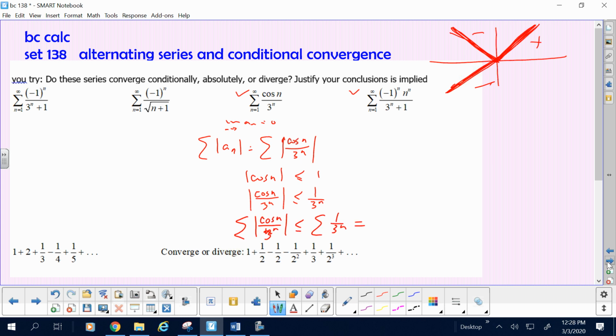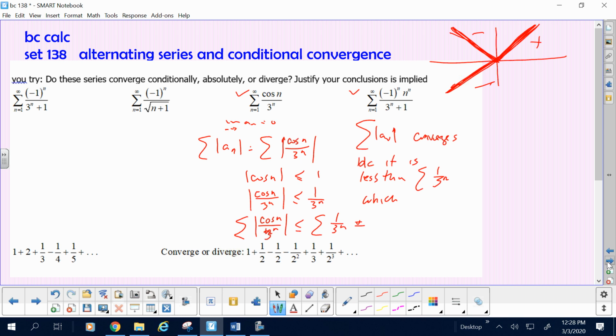And that is convergent. Finite. And so we would conclude that the positive term series converges because it is less than 1 over 3 to the n, which converges.